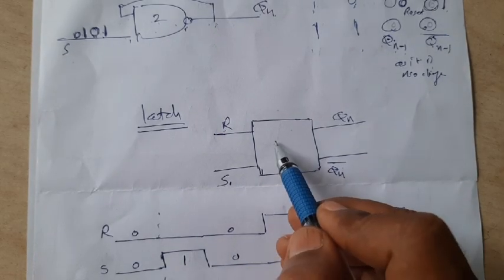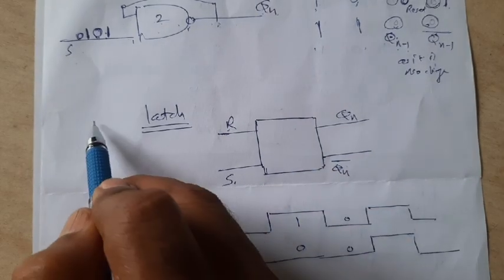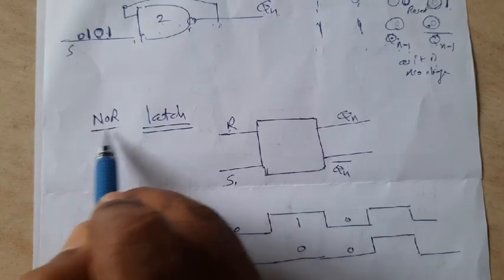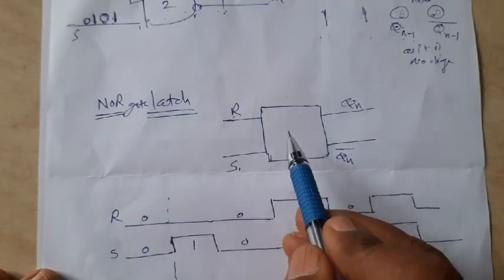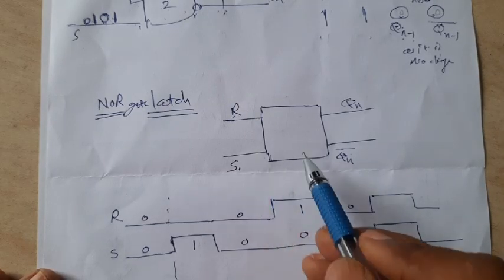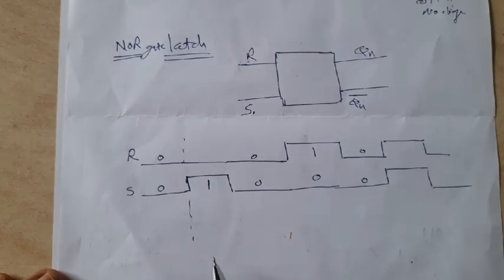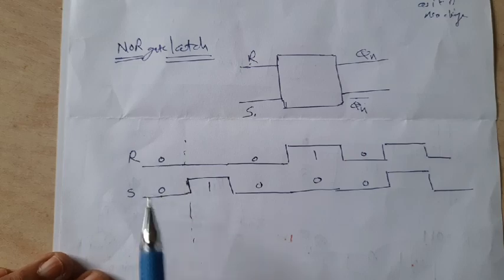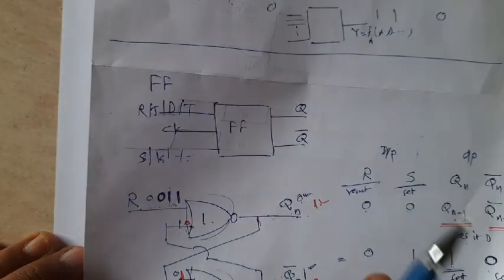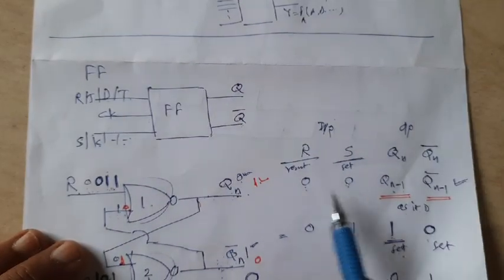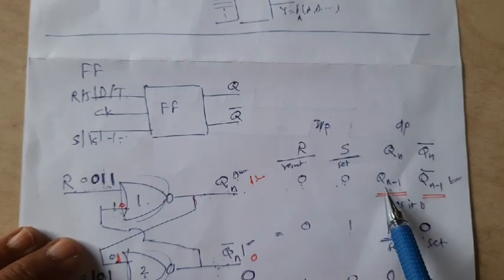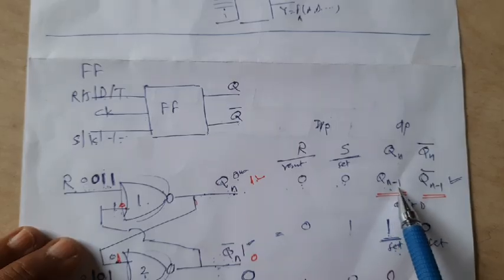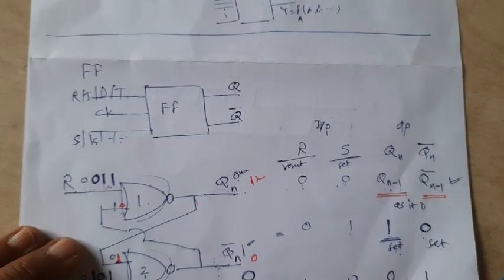Let the RS flip-flop, that is the latch, be made up of NOR gates. Therefore it is a NOR gate latch. So what will happen? If R and S are both 0 0, in case of the NOR gate, we have mentioned that the output Qn remains as it is, the same as the previous state, the n minus first state.